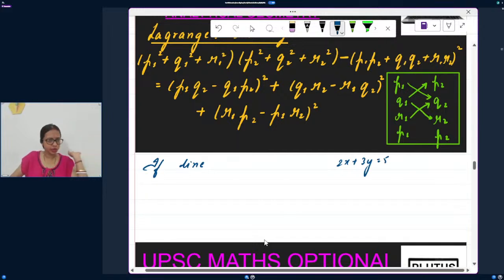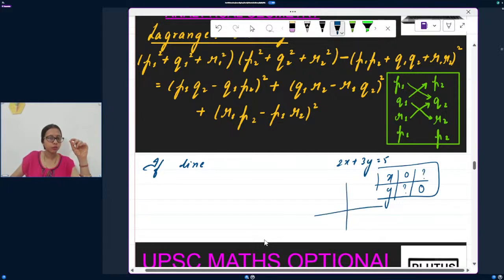It represents a line, right? It has two variables, both with linear powers. So it represents a line, but in two dimensions. We used to make that table: X, Y, substitute x equal to 0, find y, substitute y equal to 0, find x. Here you have two points, 0 comma something, something comma 0, and join them, that will make a line.